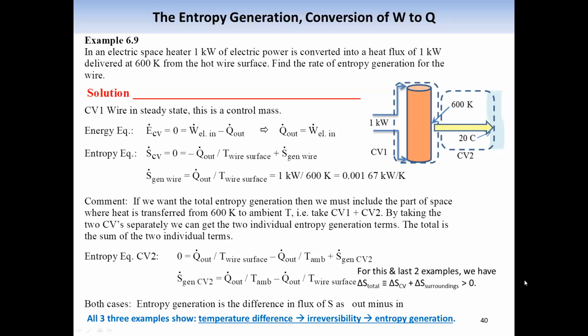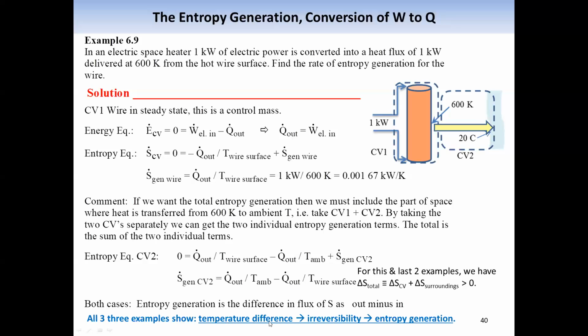Before we leave the slide, we also need to grab the key concept of these three examples. All three examples we discussed involve heat transfer, and within the heat transfer process, heat is transferred between two objects with a finite temperature difference.